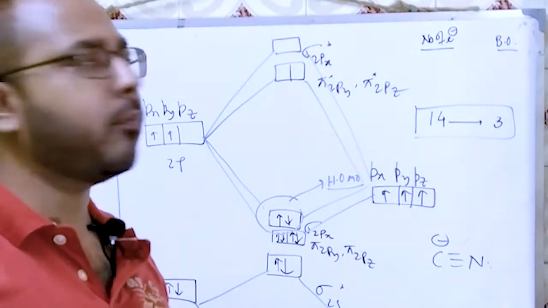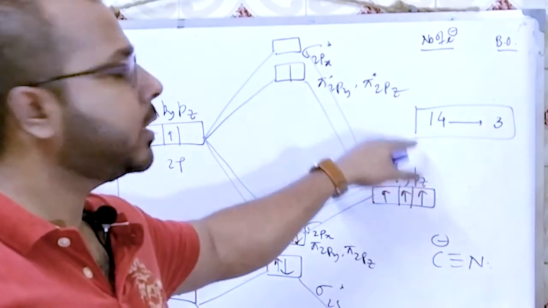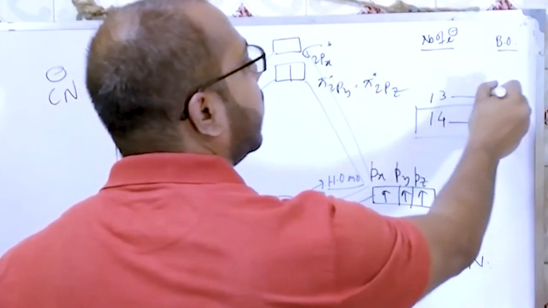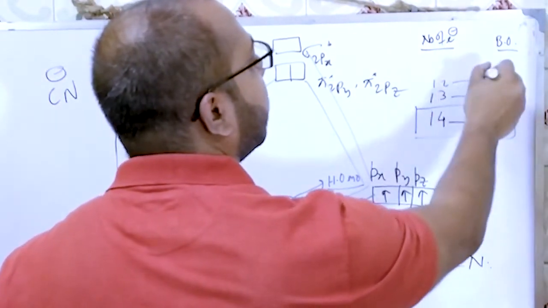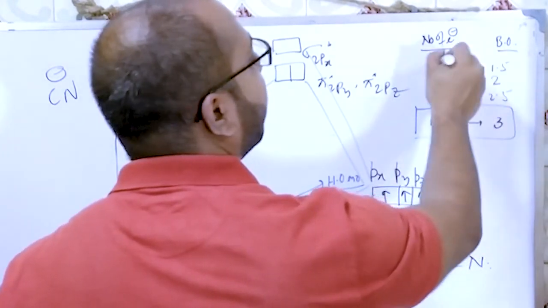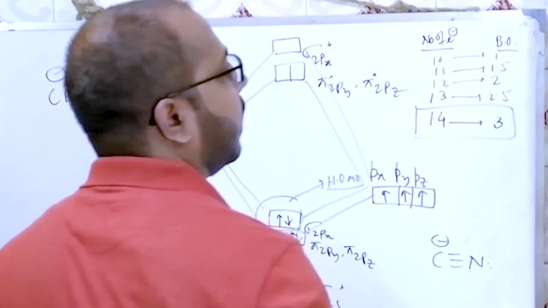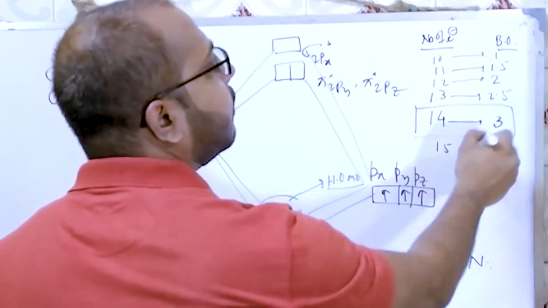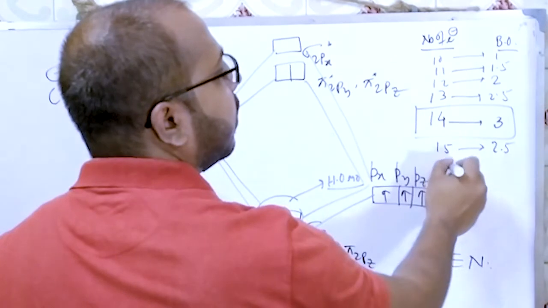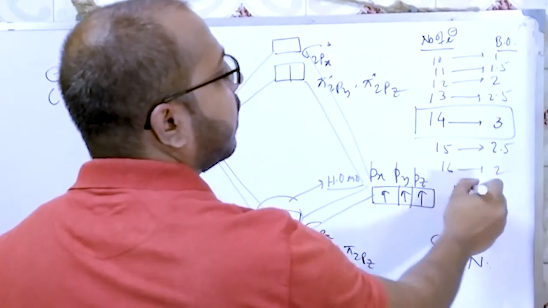And just if number of electron जितना कम होगा, मतलब 13 होगा, so it will be 2.5. 14, 12, it will be 2. 11, it will be 1.5. 10, it will be 1. And mirror image will be observed. This portion mirror image will be observed.